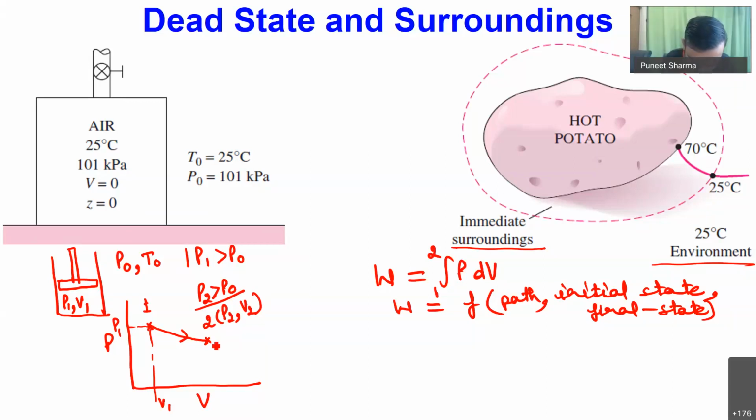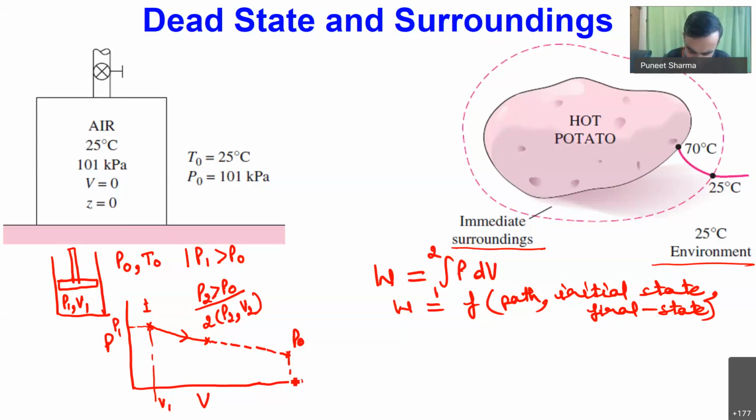In that case, if I allow this piston to expand further, it will keep expanding till it reaches the pressure value of P0. Once it reaches the pressure value of P0, it will not have any potential to do work, any potential to expand that piston.